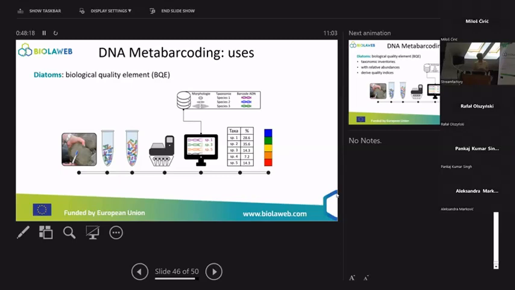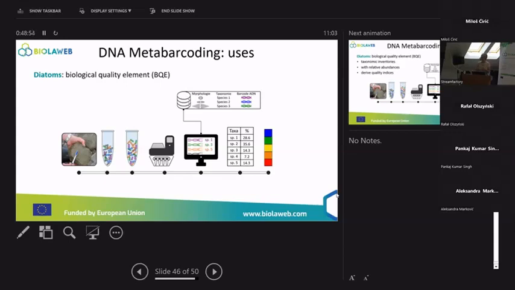And you will analyze the reads you obtained by comparing them to a reference library, where you will associate your barcodes to species. And you will have a semi-quantitative list of taxa. So you see a species with an associated percentage of abundance in the sample. And this will allow you to calculate an index value.